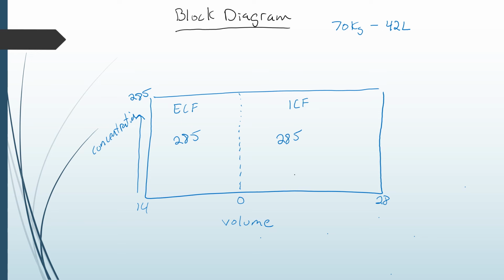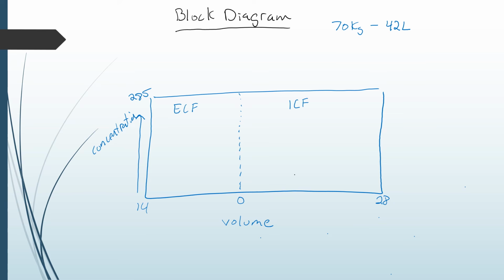So in summary, this box right here depicts the extracellular versus the intracellular volumes, as well as their concentration. And you'll notice that the concentration is exactly the same in milliosmoles. I'm just going to get rid of this for now. The 285 is exactly 285 both in the ICF and ECF under standard equilibrium in our bodies.